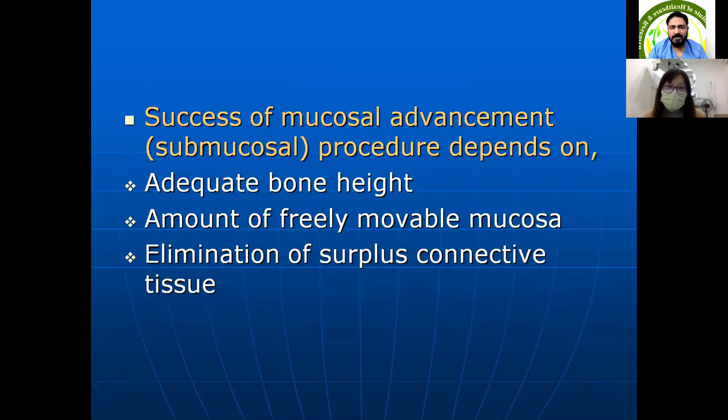The success of the mucosal advancement procedure depends on adequate bone height, amount of freely movable mucosa, and elimination of the surplus connective tissue. So in this case, we should have adequate bone height. Then we can do vestibular deepening. If we don't have the bone height, then vestibular deepening has no meaning. Okay.